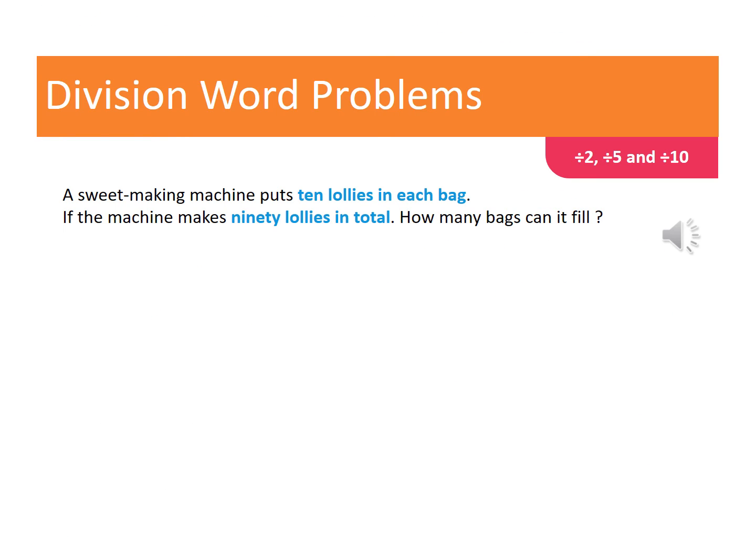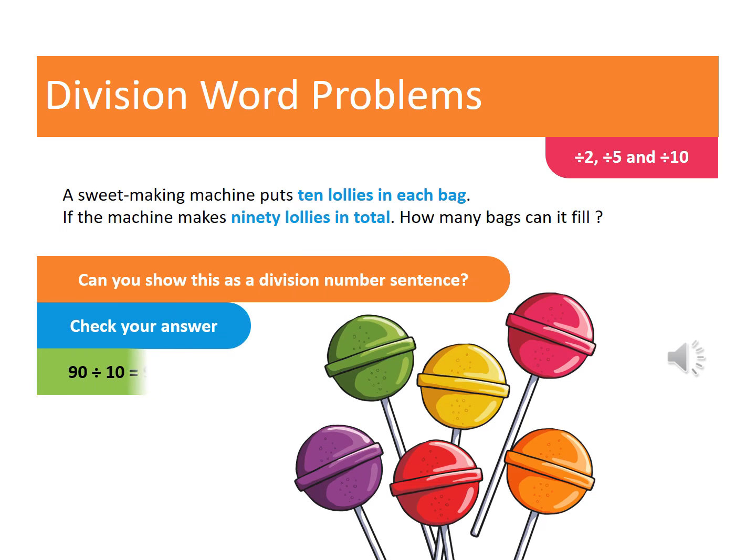A sweet making machine puts 10 lollies in each bag. If the machine makes 90 lollies in total, how many bags can it fill? There were 90 lollies in total, so that goes at the start of our calculation, and then we divided by 10.